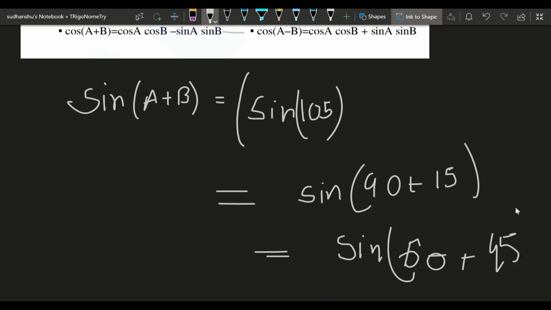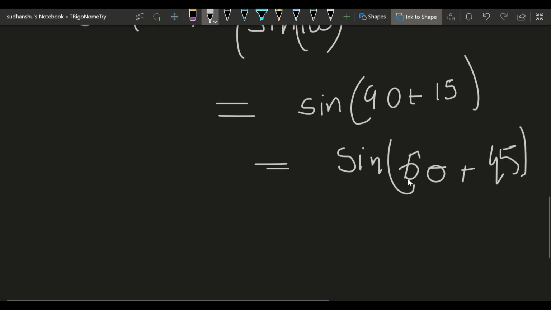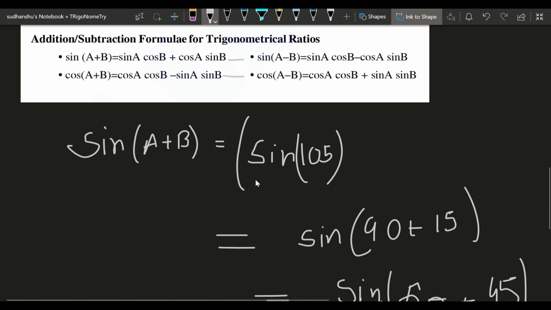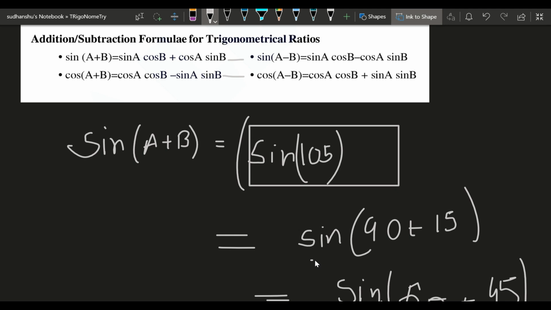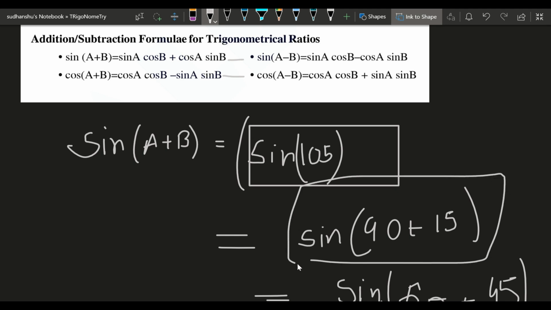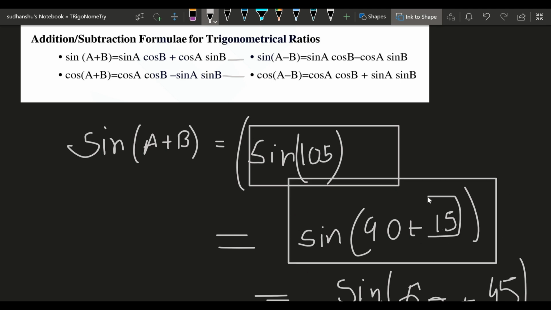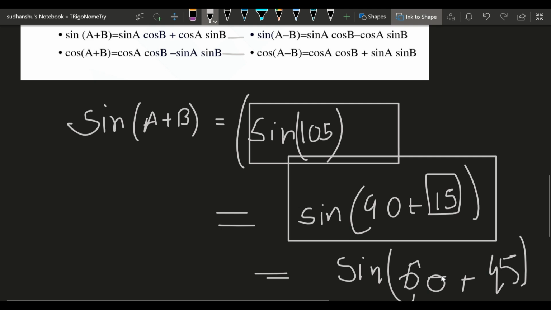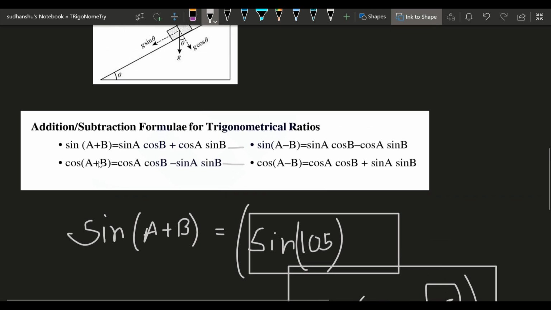And now you see the value of sine 60, cos 45, cos 60 and sine 45. So this angle, even though very difficult to find, and even when we use ASCT formulas it's very difficult because you don't know the values of sine 15 and cos 15, becomes much easier now, as you see here. So these formulas come in handy in situations like this.